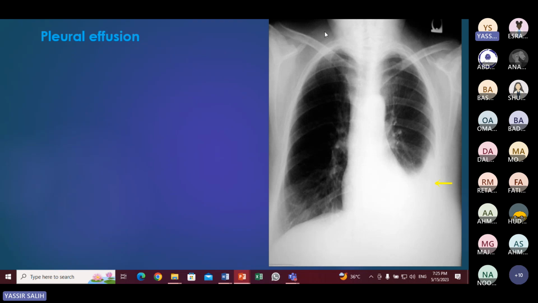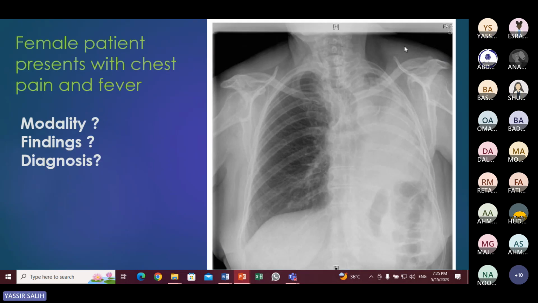What is the density? In this one, what is this? Maybe fat. Yes, fat is always a little darker, a light black.